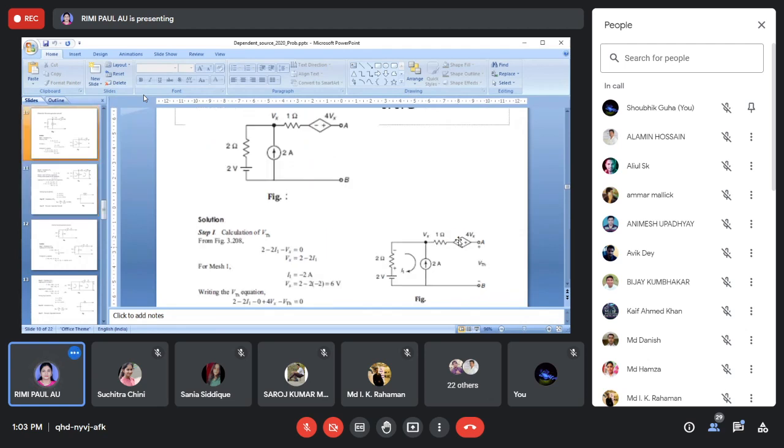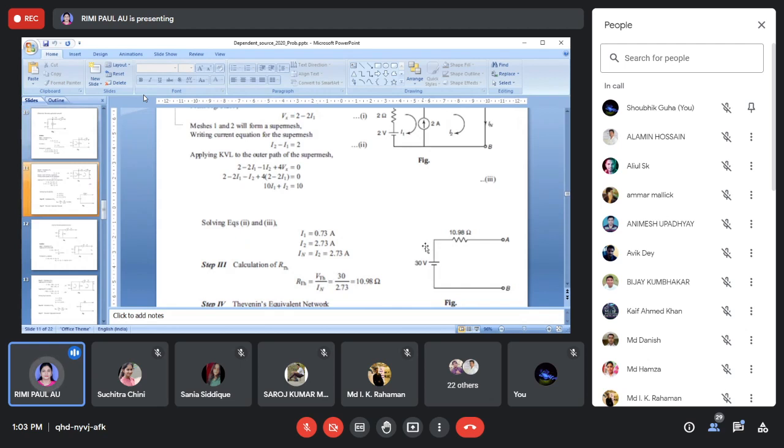You can see here that this network consists of voltage and current independent sources and dependent sources, but now it is converted to only one source, that means one voltage source and only one resistance.